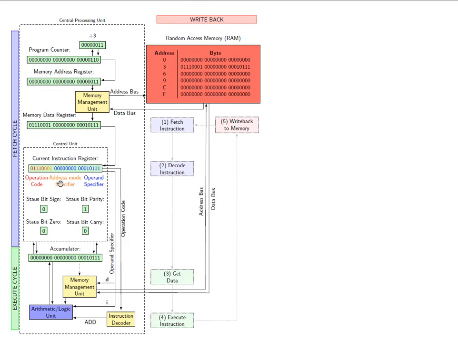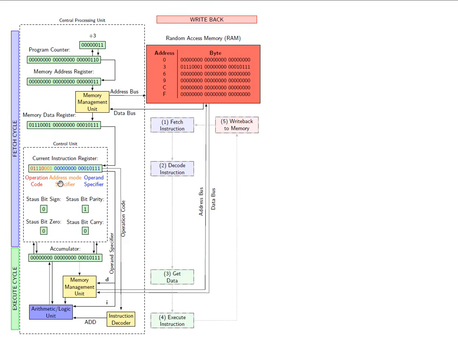The CIR, the current instruction register, also sends the operation code, which is decoded in a table inside the CPU called the instruction decoder. You can think of the instruction decoder as that little table that I asked you to draw in class, where you add the operation code and the meaning.